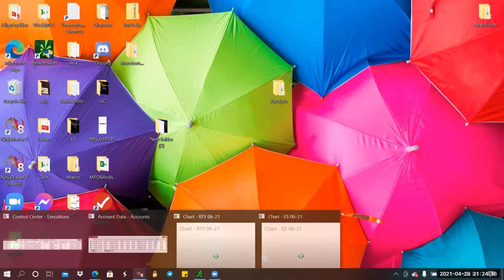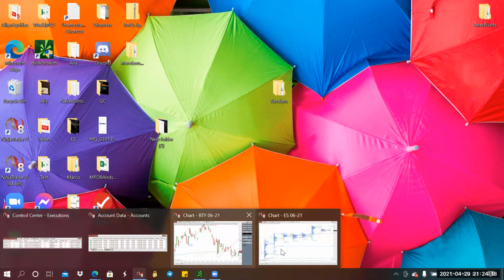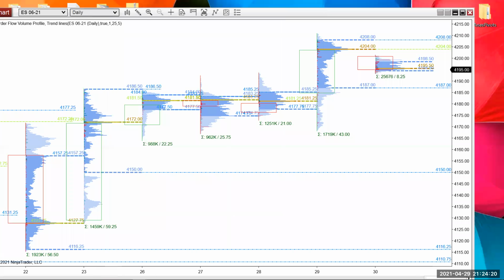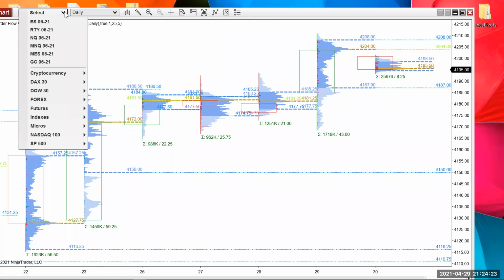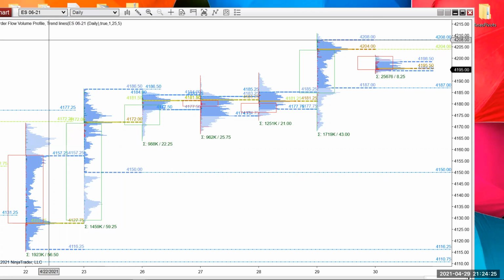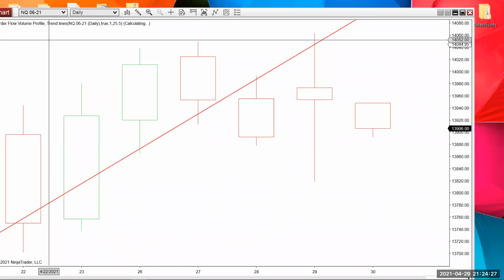I have not seen volume profile in a while. Let's go check that out. So I have a daily here. I'm just going to put it as NQ and see what pops up. This is taking a while. I have too many things downloaded in there.